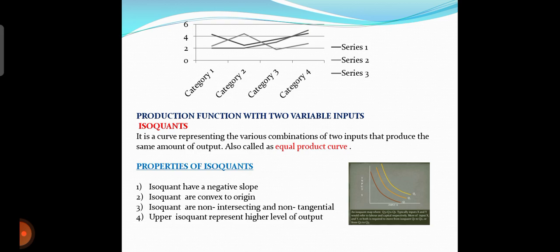Next, upper isoquant represents a higher level of output. Between any two isoquants, the upper one represents a higher level of output than the lower one. The reason is the upper isoquant has a larger input combination, which in general produces larger output.